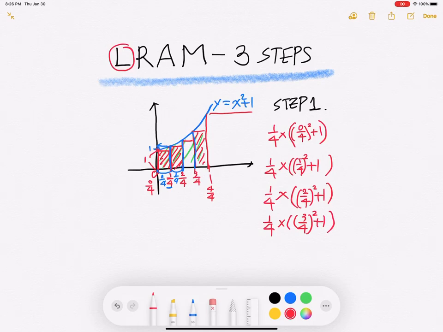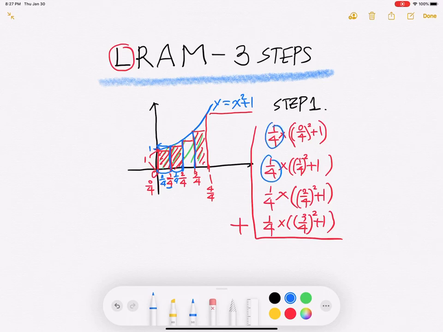If we add all these 4 rectangles' areas, we get the approximation value using LRAM with 4 subintervals. Let's add all 4: 1 over 4, 1 over 4, 1 over 4, 1 over 4.